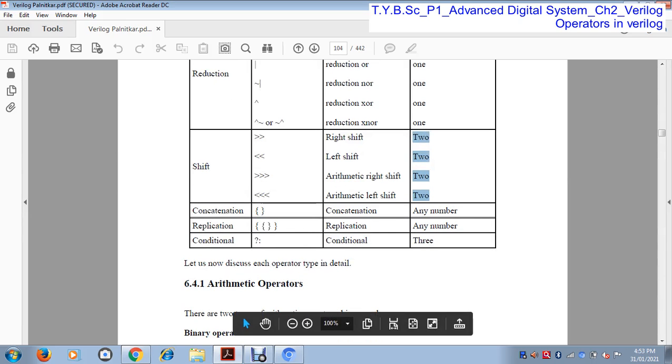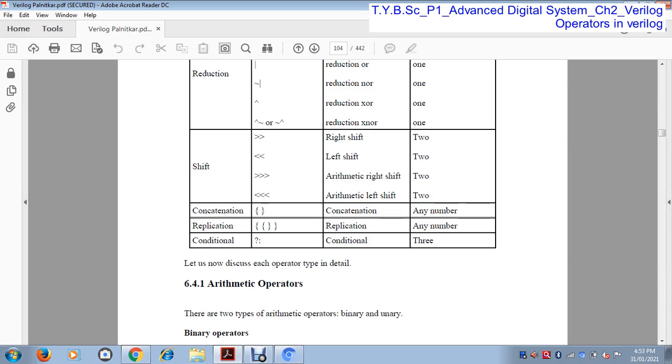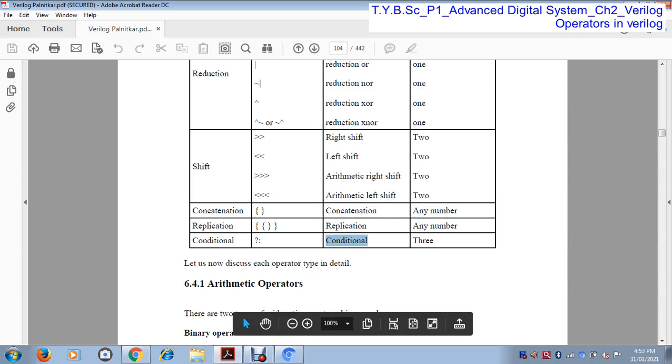Now the concatenation operator. This curly bracket represents the concatenation operator in Verilog HDL. Okay. Replication. There are two curly brackets. So this is the replication operator, then the conditional operator. The conditional operator represents a particular condition, and it has three operands.